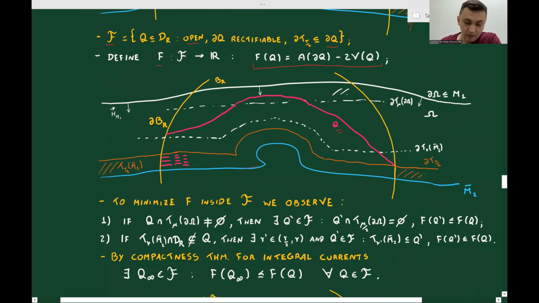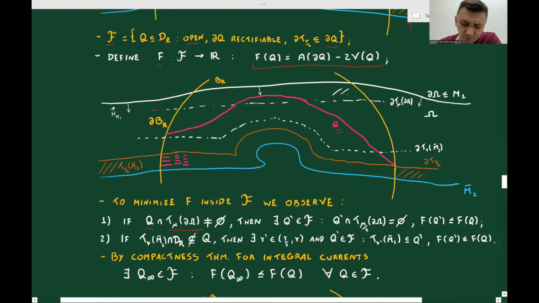Okay. First of all, I will split in 2 cases. So the first case is to assume that Q intersects some tubular neighborhood of the boundary of omega. So I just put here this line in white. It is a kind of tubular neighborhood of the boundary of omega.